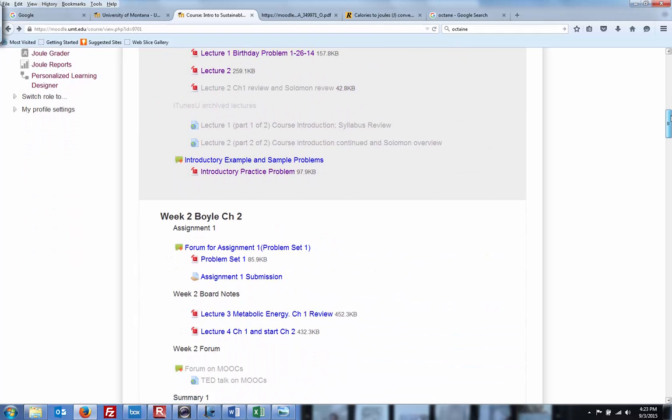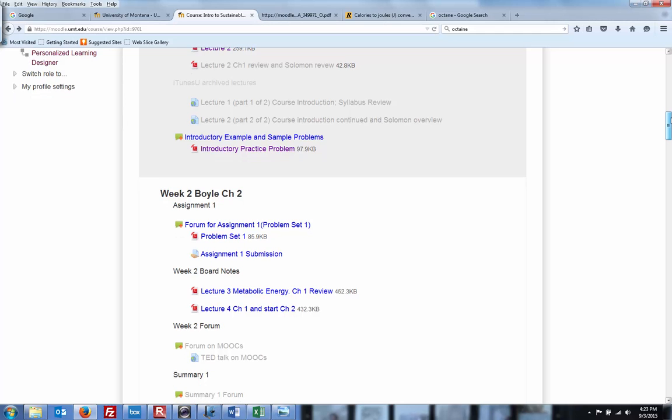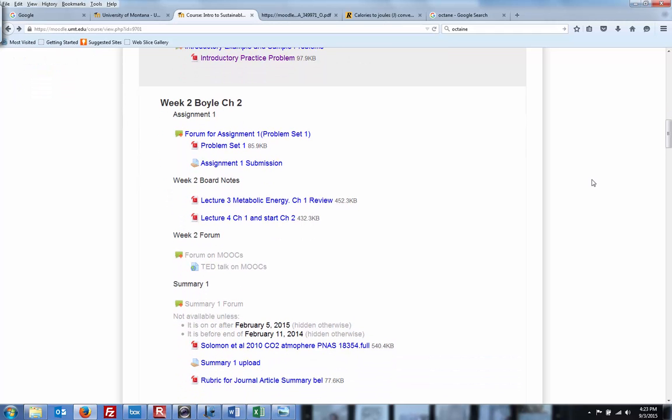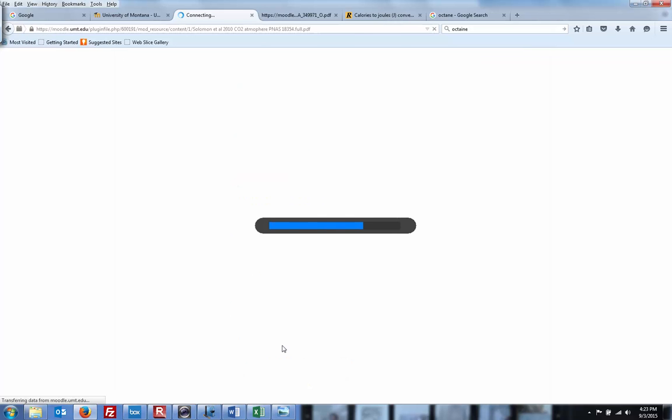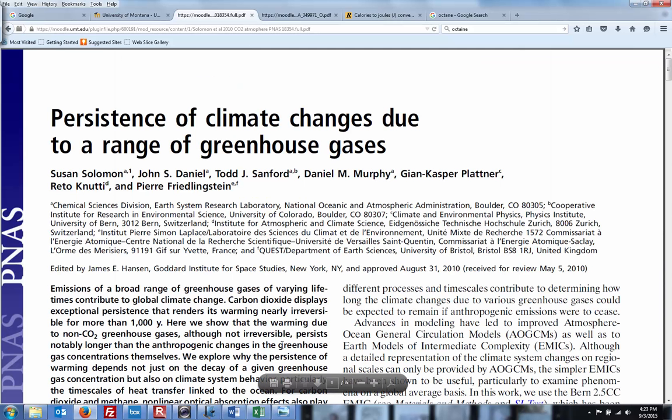Problem set 1. Okay. And then we'll get into the problem sets as well, but I wanted to first start looking at this summary. Okay. So since NRGY 102 is cross-listed with climate change 102, I thought this was an appropriate topic.